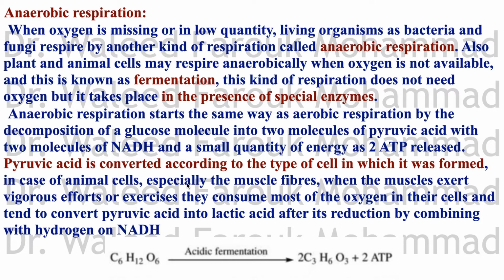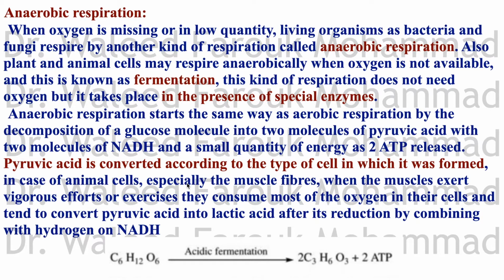In case of animal cells, the muscle fibers, where muscles exert vigorous efforts or exercises and consume a lot of oxygen, most of the oxygen in their cells is used up, and pyruvic acid is converted by anaerobic respiration. It converts pyruvic acid into lactic acid by combining with hydrogen from the NADH.